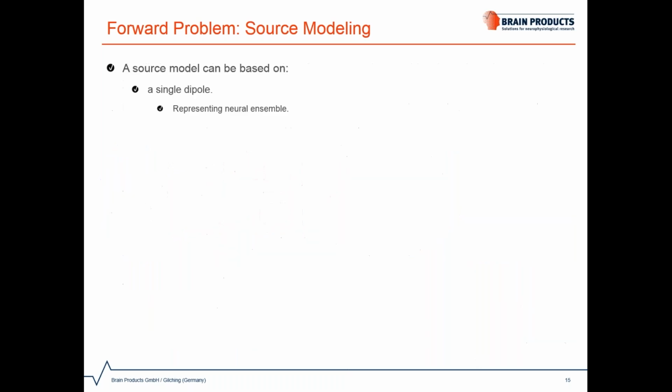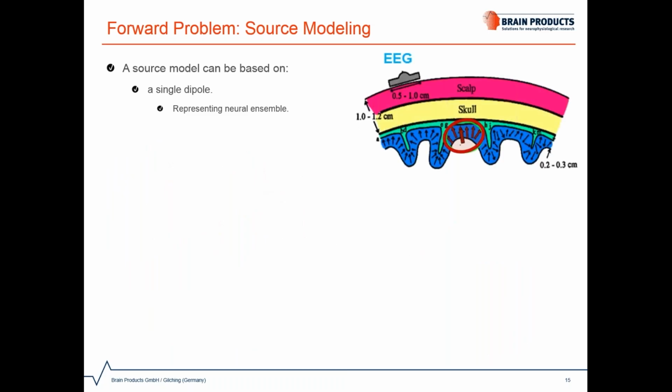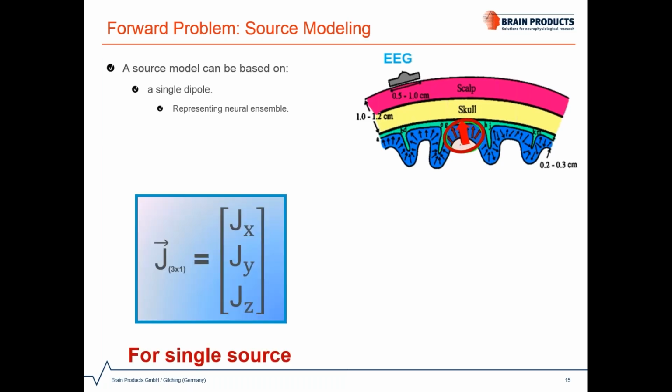So we have seen that the source can be modeled using a single dipole. It is the simplest model used to model neural ensembles, located in one side as shown here with the red circle. All the small red arrows can be modeled with a single larger equivalent dipole. Mathematically, a single source is expressed using a 3x1 column vector representing the direction and magnitude for each of the x, y, and z components.